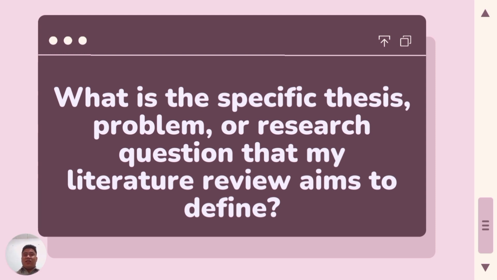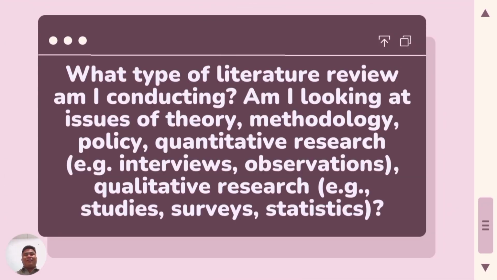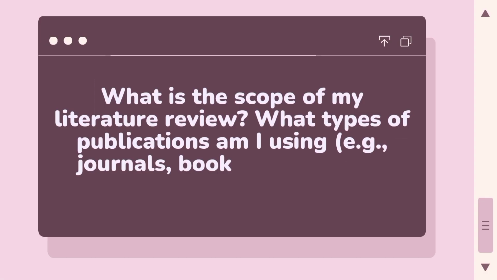What is the specific thesis, problem, or research question that my literature review aims to define? Another thing to consider: what type of literature review am I conducting? Am I looking at issues of theories, methodologies, policies, or qualitative research, for example interviews and observation, or quantitative research such as studies, surveys, or statistics?